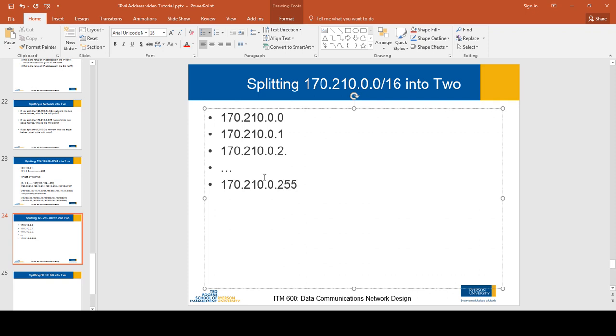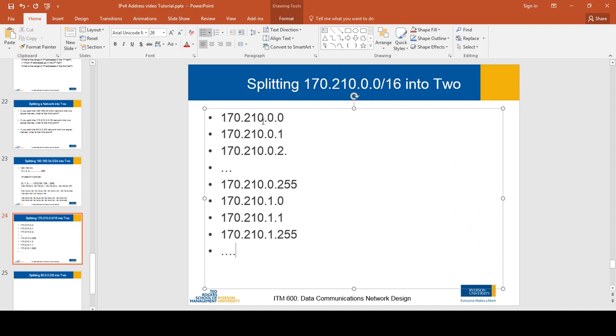But this octet is also host bits, so the next IP is 170.210.1.0, and then 1.1, and if you keep going, you will come up to 170.210.1.255. But that's not the end. It goes up to all possible combinations.